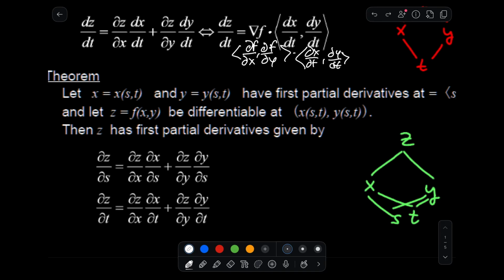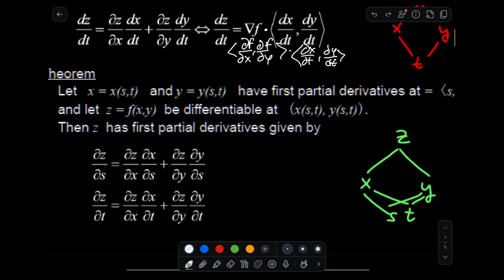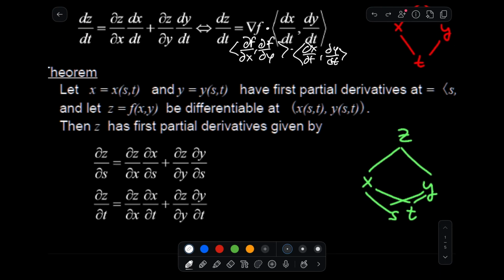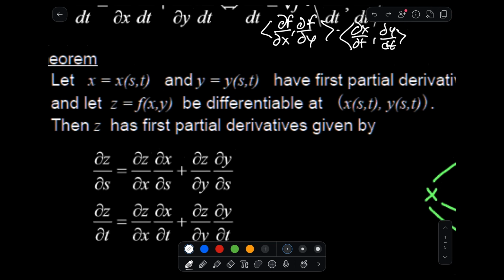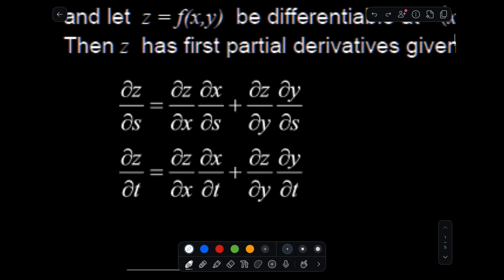Similarly, we have x being both dependent on s and t, and y as well. They have first partial derivatives at s comma t, and we let z equal f of x, y be differentiable at x of s comma t, y of s comma t. Pretty straightforward stuff, right? We can't have any like infinity discontinuities and such. So we do this, but a couple of things to notice is that it's going to be del z, del s.